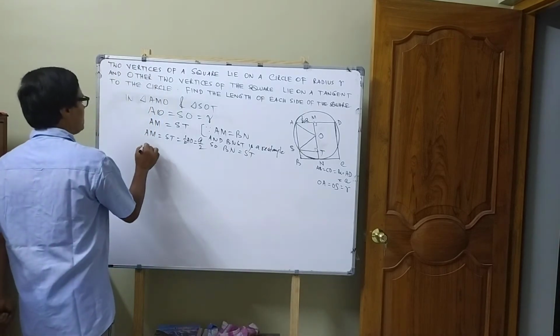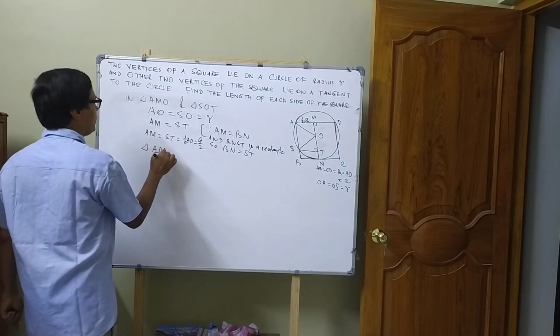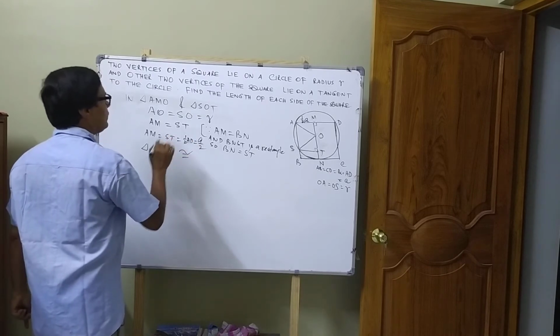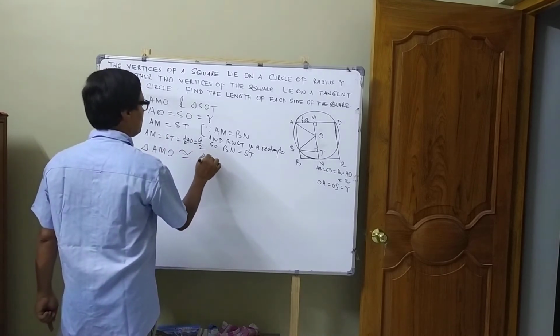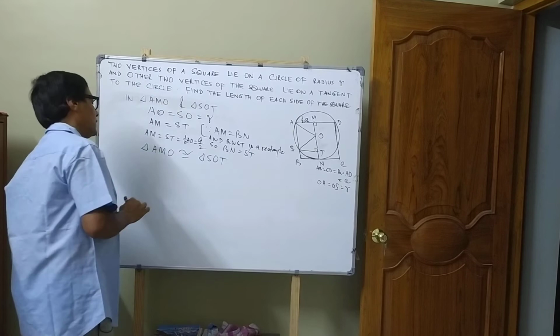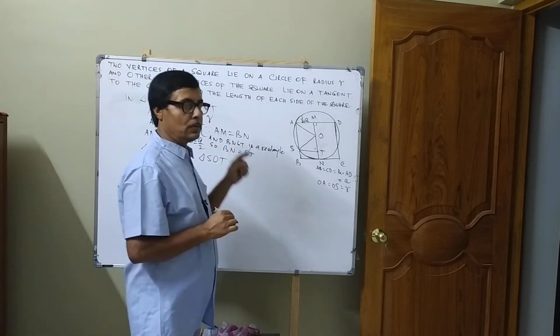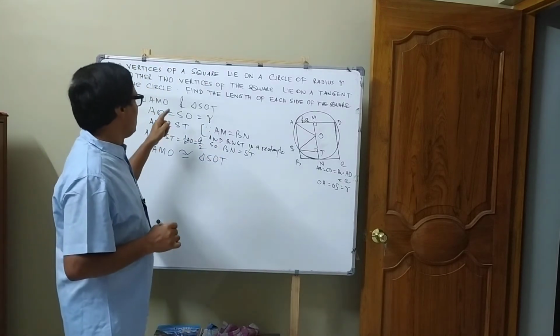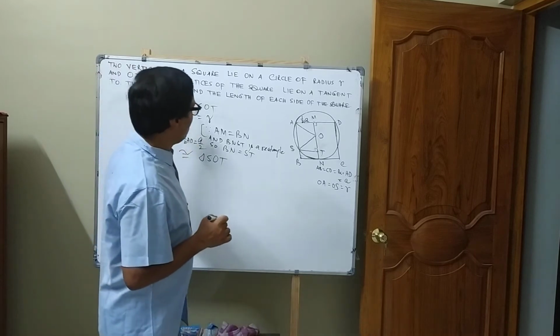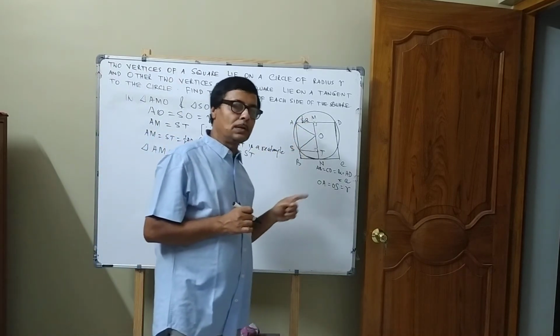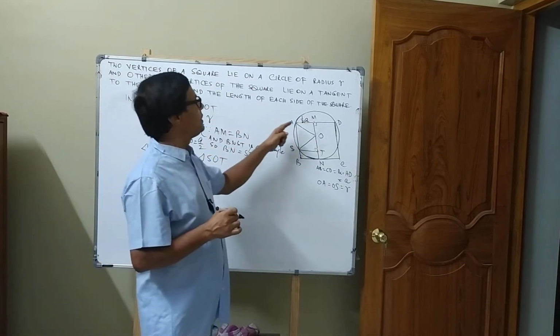So we can say that AMO is congruent to SOT, because the hypotenuses of these two triangles are equal and the other two sides are equal.